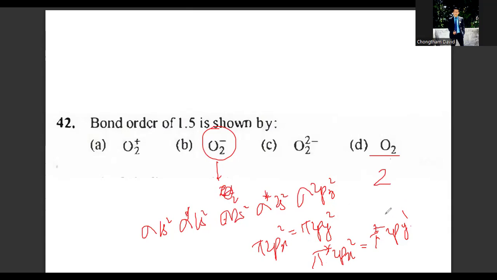So the bond order would be, if I count, (10 minus 7) by 2, 3 by 2, 1.5. So the answer will be option B.